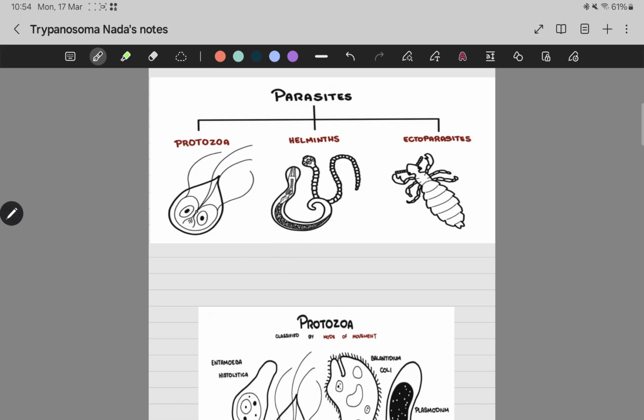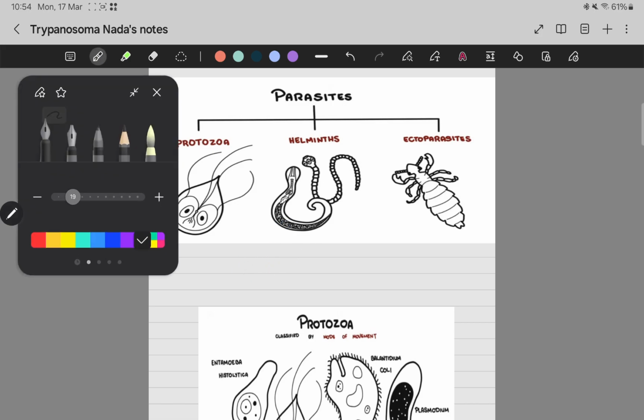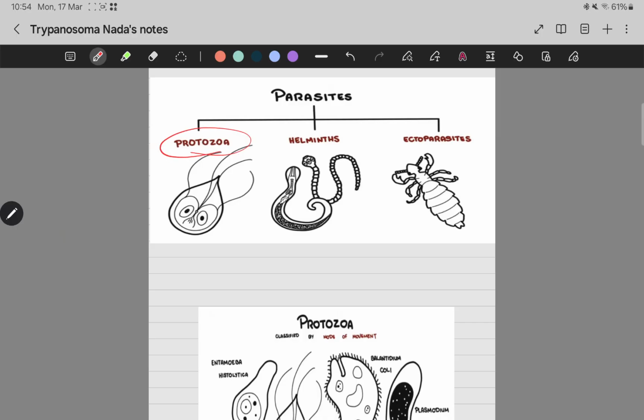We have three main categories of parasites. The first is protozoa, the second is helminths, and the third is ectoparasites. Protozoa and helminths both live inside the organism, while ectoparasites live over or outside the organism, like lice, for instance.